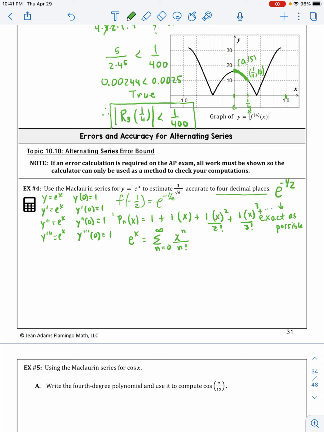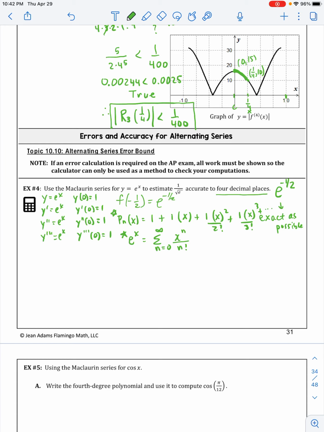And then if n is 1, 1 factorial is 1, so that would just be x. And then when n is 2, it'd be x squared over 2 factorial, so that actually would work. And so this is our summation. So we created a Taylor polynomial, and we created the summation equivalency for e to the x.